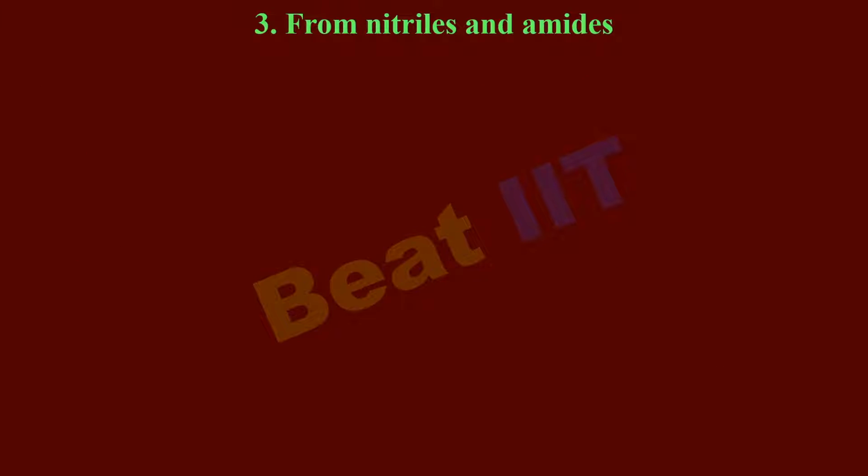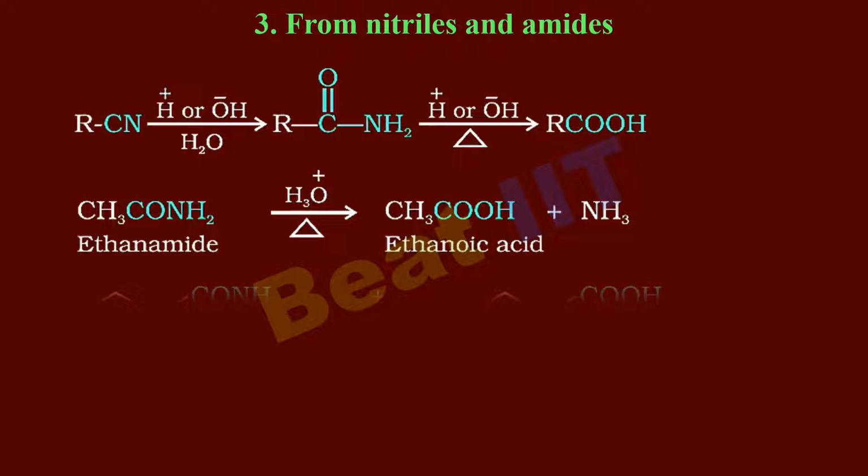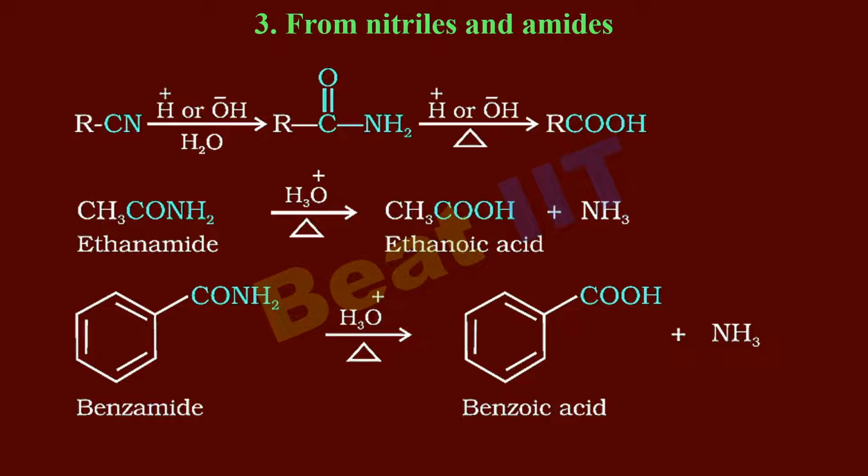Next, from nitriles and amides. As I said, it is actually from amides. Even if you have a nitrile, you first convert it to amide and then you convert the amide to carboxylic acid. These are the reactions you can consider. Basically, you will remember from amide to carboxylic acid: the whole amide group, CONH2, is converted to COOH.